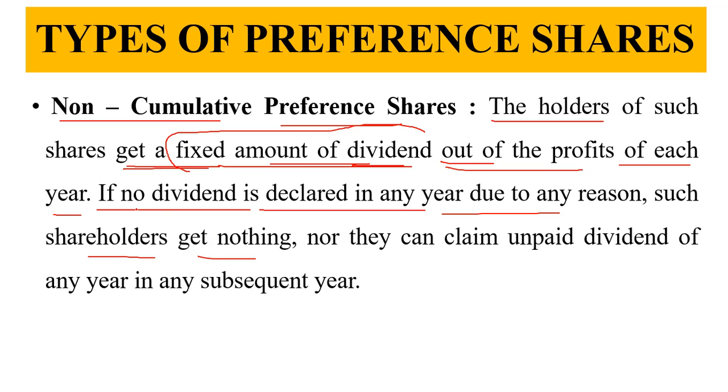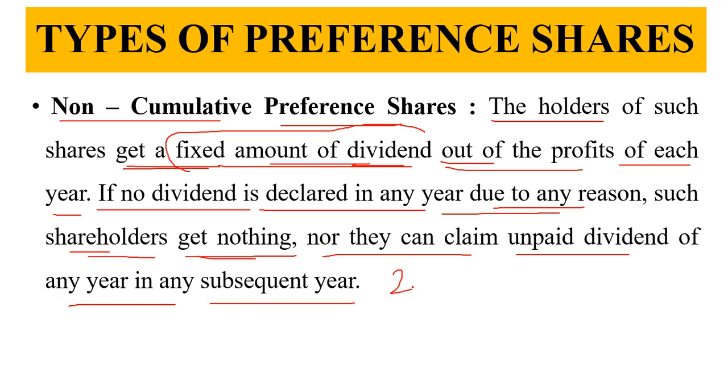So if no dividend is declared in any year due to any reason, the non-cumulative preference shareholders get nothing, nor can they claim the unpaid dividend of any year in any subsequent year.